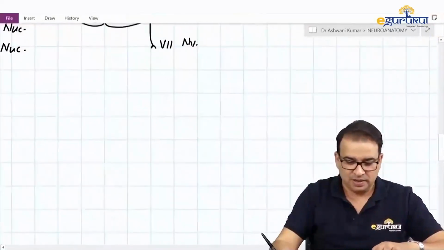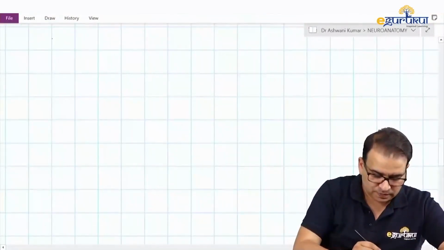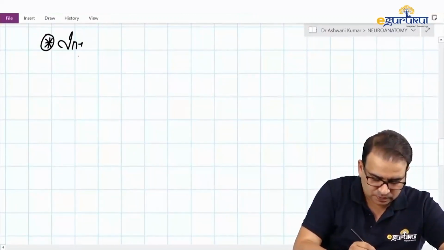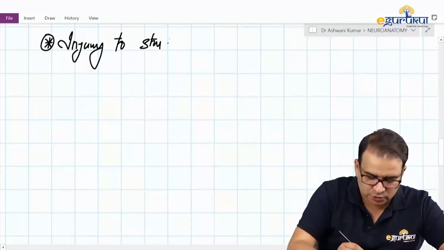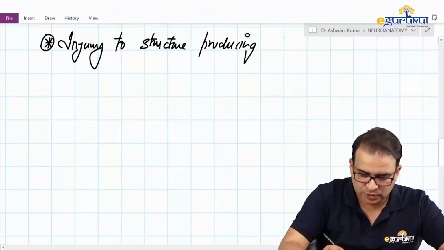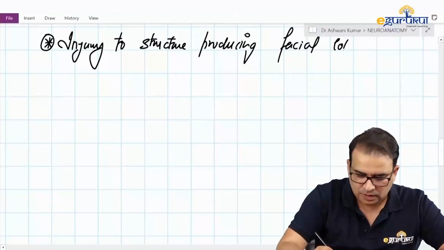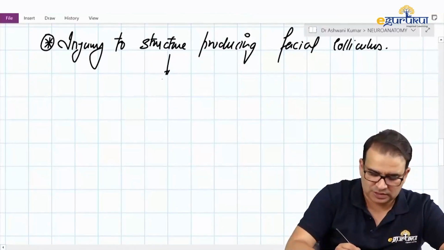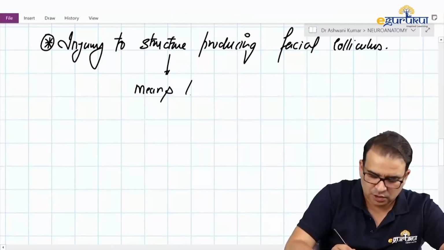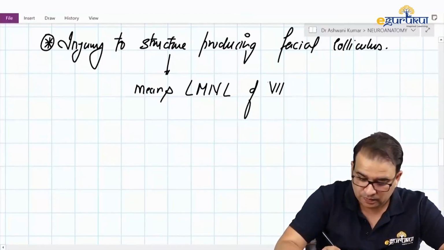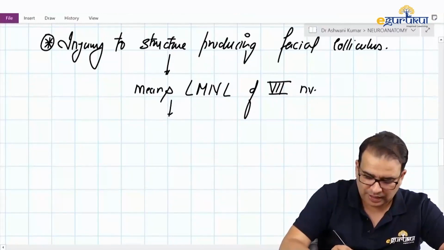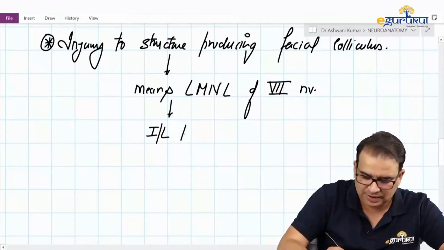So let me write this point here: if the question says injury to the structure producing the facial colliculus, it means lower motor neuron lesion of the facial nerve, and that, as we already know, will lead to ipsilateral facial paralysis.